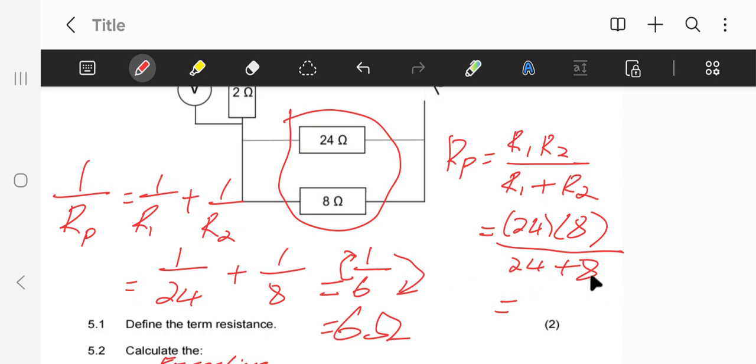Then punch all of these values on the calculator as they are, and you should get 6 ohms here as well. You can use either this formula or the other, but remember, this one you only use when you have two resistors. Okay, hope you got that.